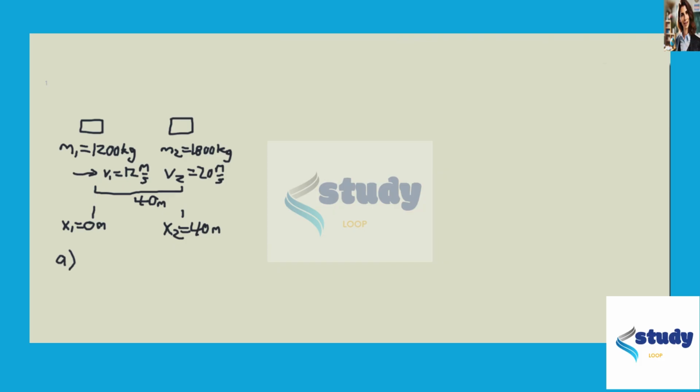Then we just use the center of mass formula, which is X_COM, for center of mass, is equal to m1 x1 plus m2 x2, all divided by m1 plus m2.